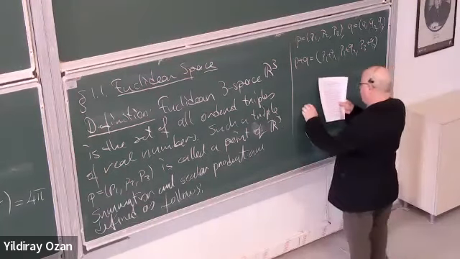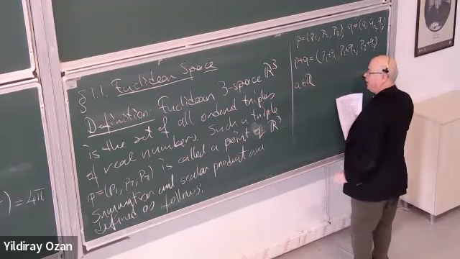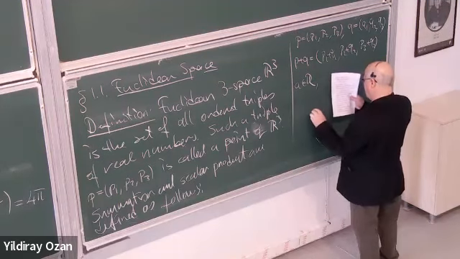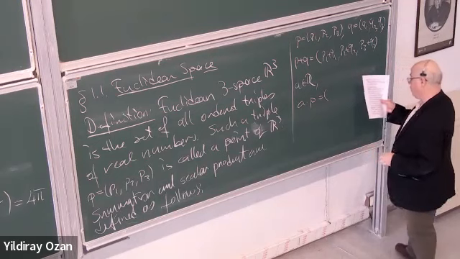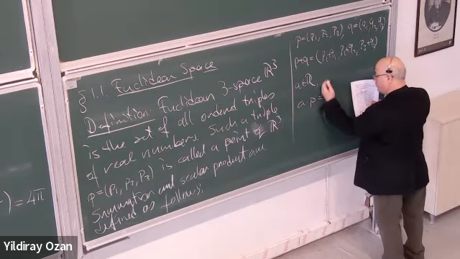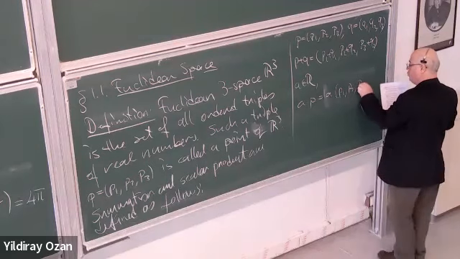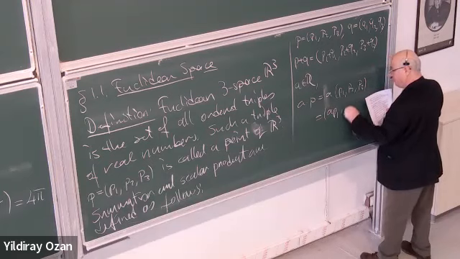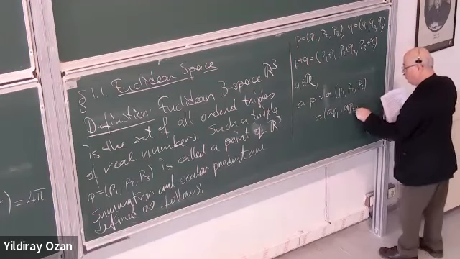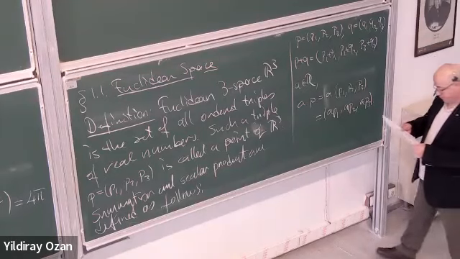And if you have a real number A, let's say, then A times P is just the point A times (P1, P2, P3), and this is just (AP1, AP2, AP3). Okay.